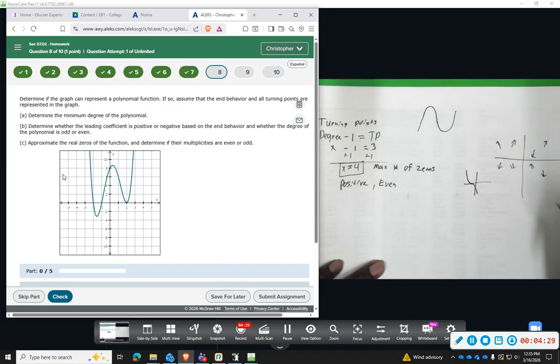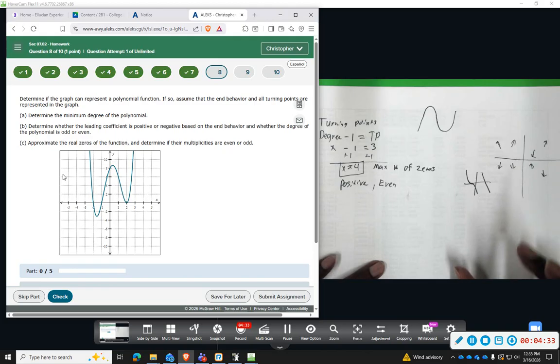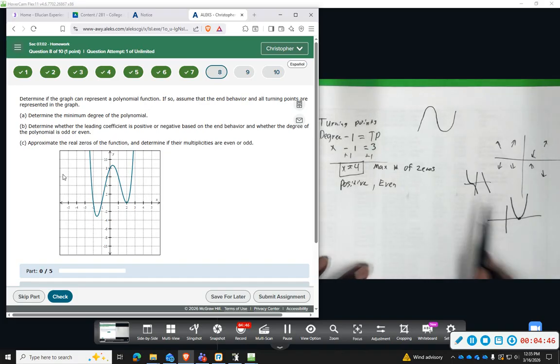But because it's just going straight across, that tells me odd and crosses at 1. When we have an even multiplicity, it's going to touch the x-axis. Like it might come down here and touch and turn around. So odd is going to cross, even is going to touch.